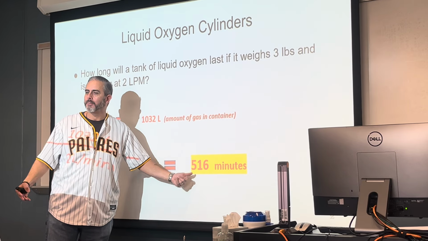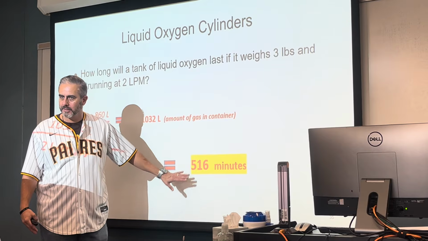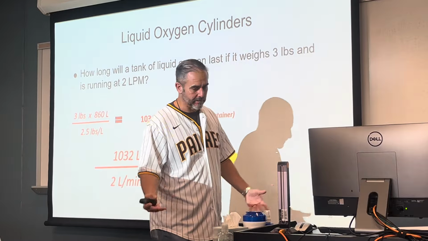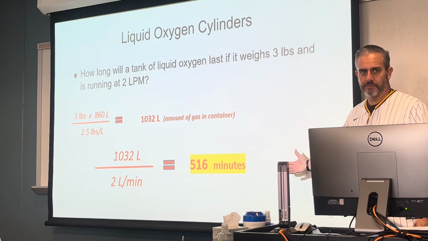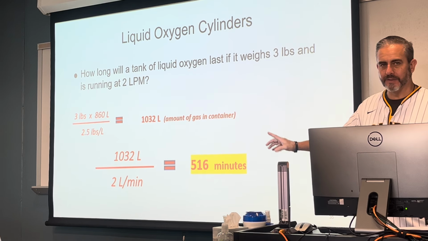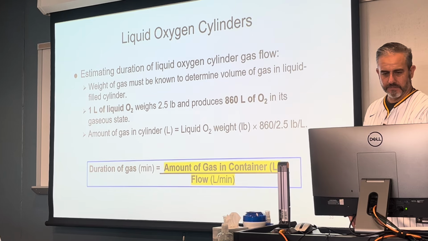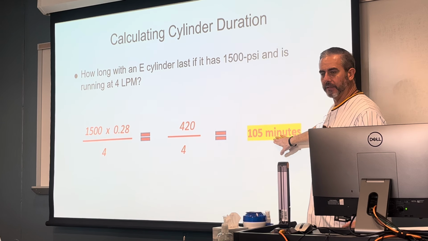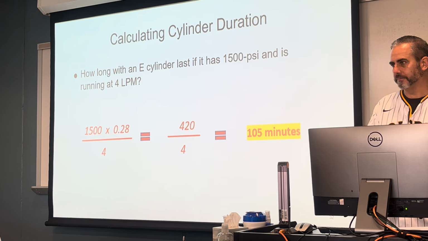Divide by 60. That's going to tell you how many hours this thing would last. So that's kind of a final step if you wanted this to read hours. Or even the previous example we had, how many hours is that going to be? Well, I can divide that by 60, and that'll tell me how many hours this would be as well.